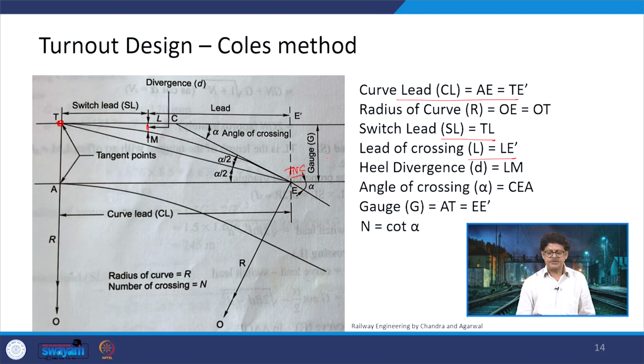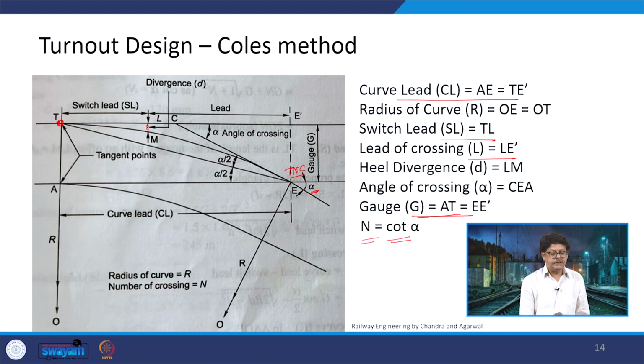Now, this is the gauge G. So, if you talk about E dash E, or you talk about AT, then that is the gauge of the track. Angle alpha is known. On the basis of that angle alpha, we can find out the number of the crossing also, and going by Coles's method or the right angle triangle method, which is used on Indian Railways, N is equal to cot alpha. So, that is being taken here.